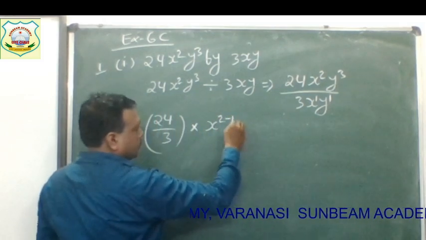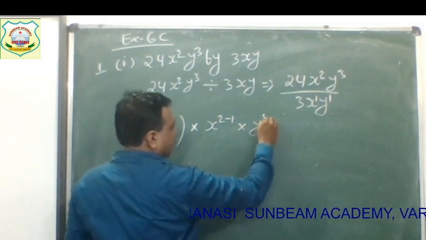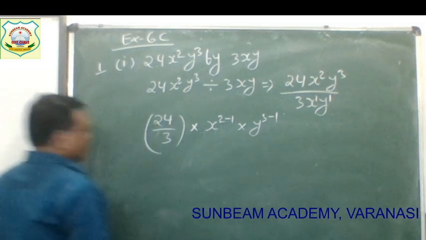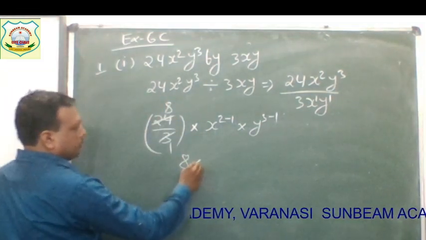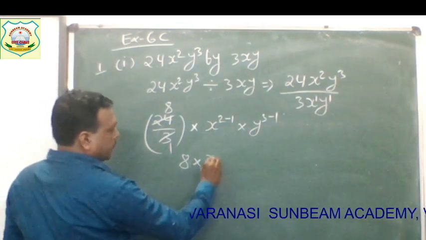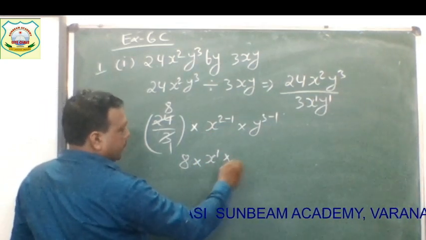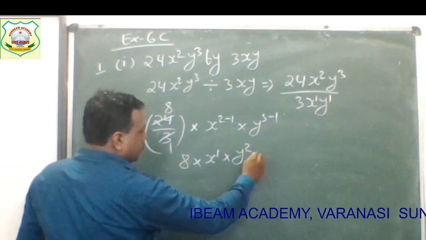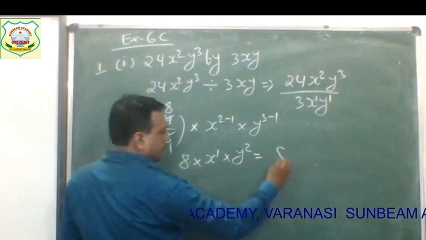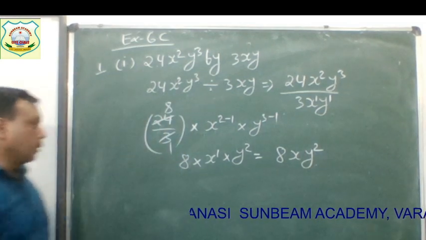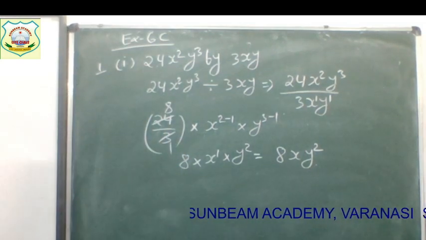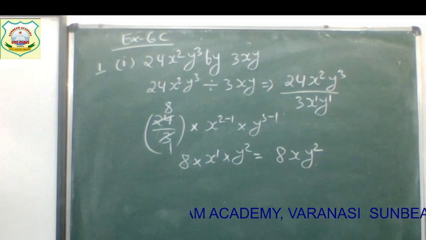So x power 2 minus 1, multiply y power 3 minus 1. 3 times 8 is 24, so 8 will come, multiply x power 2 minus 1, that is x power 1, then multiply y power 3 minus 1, that is y power 2. Then we can write 8xy square. It will be your answer. Students, so note it down.